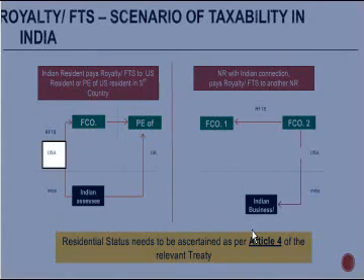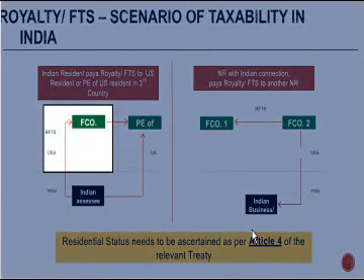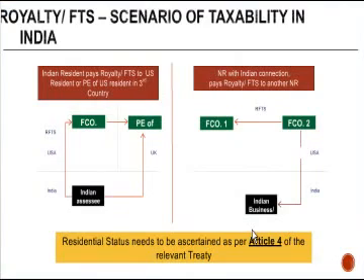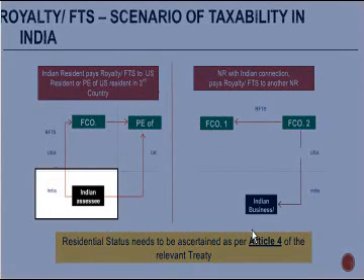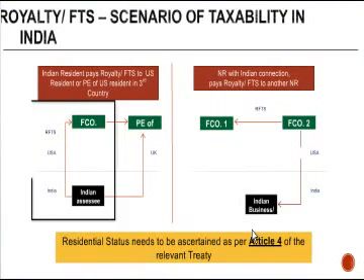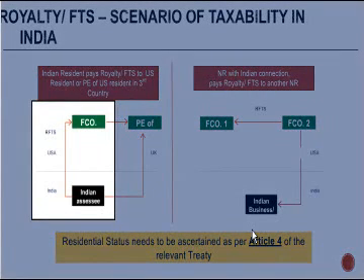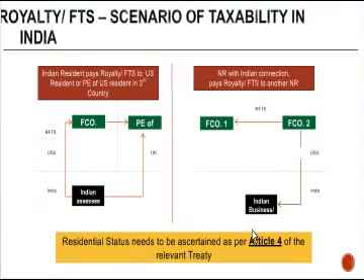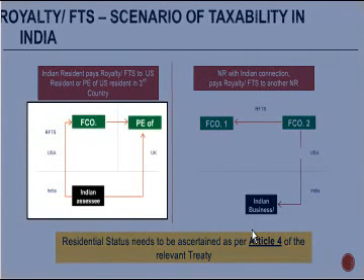There is a foreign company which is in US. There is a company which is there in India. This Indian company is making a payment of royalty or FTS to the foreign company. Alternatively, it might just be possible that this foreign company has a PE in UK to which the Indian entity is making the payment. Right?